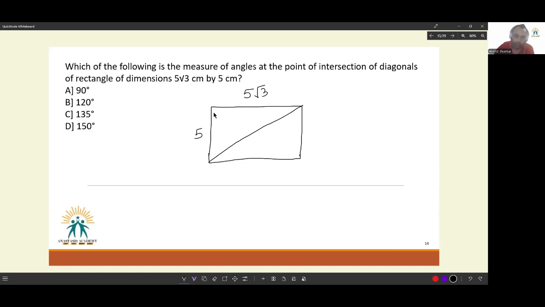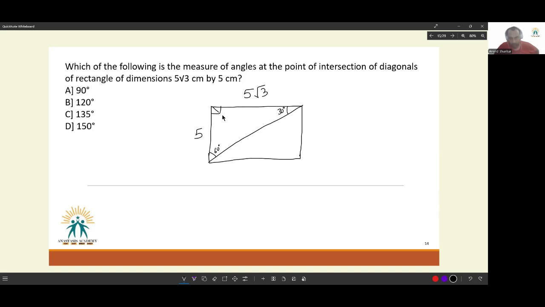First diagonal I'm going to draw. This is a right angle triangle. This diagonal will be 10, no problem at all. But the ratio of length of sides is 1 is to root 3 is to 2, which means opposite 1 you have 30 degrees. Opposite 5 root 3, you have 60 degrees.